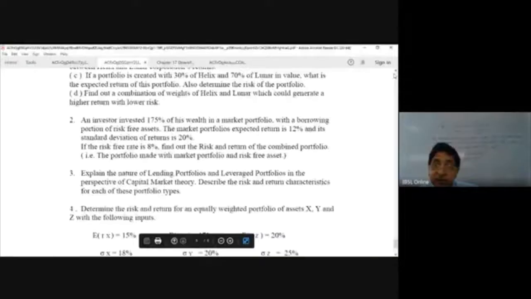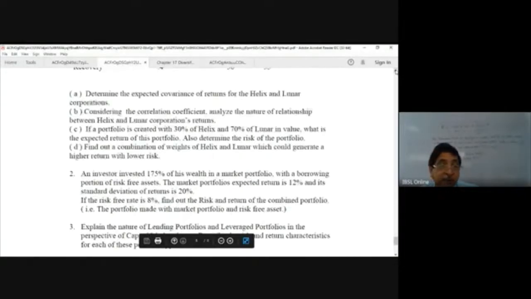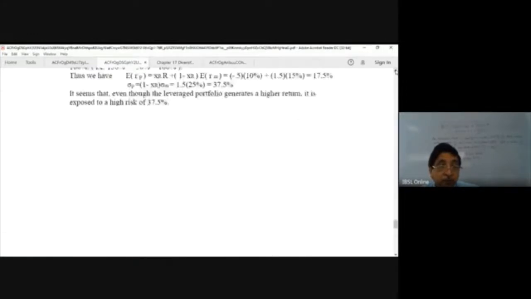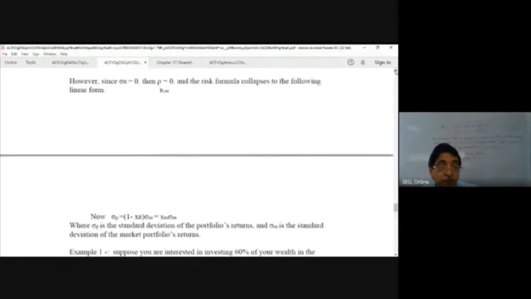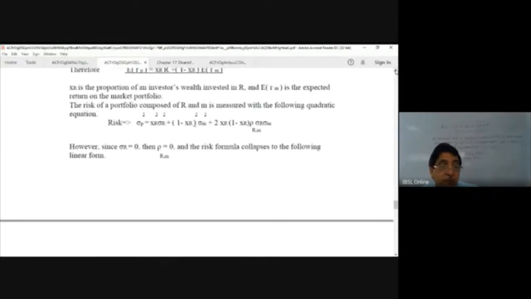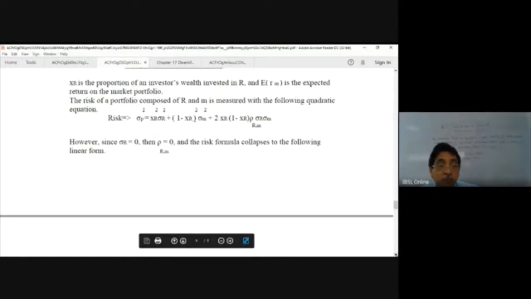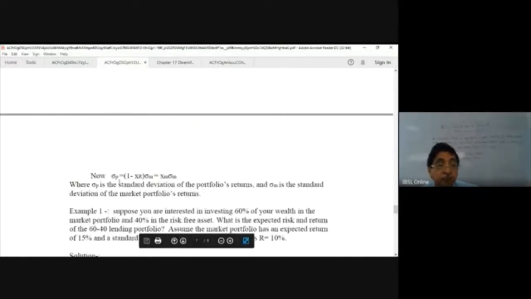Now you just look at this theory part. Here, sigma P is equal to XM sigma M. XM is the weight of the risky assets. Sigma M is the standard deviation of risky assets. So with that, we can solve this equation.